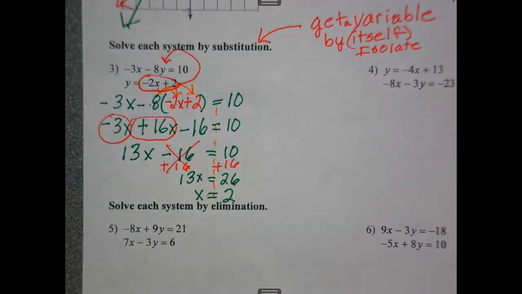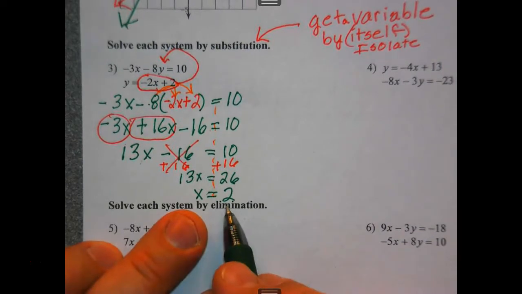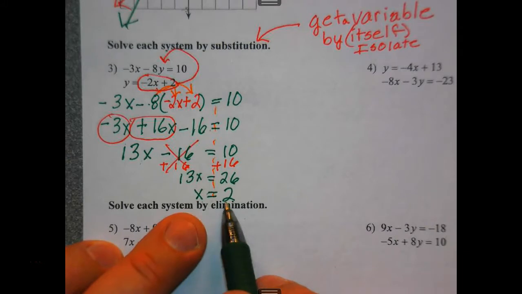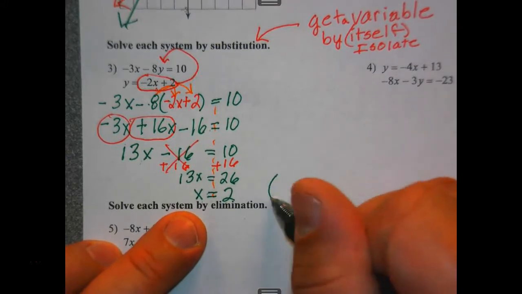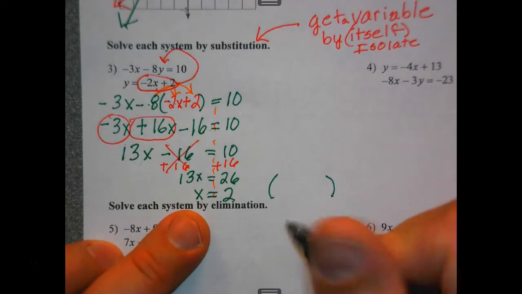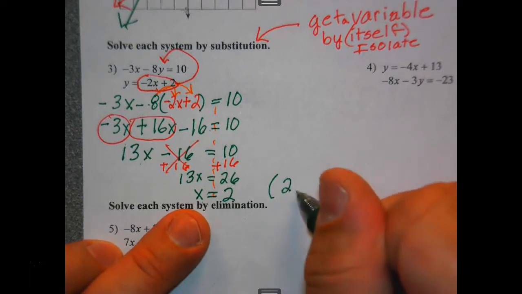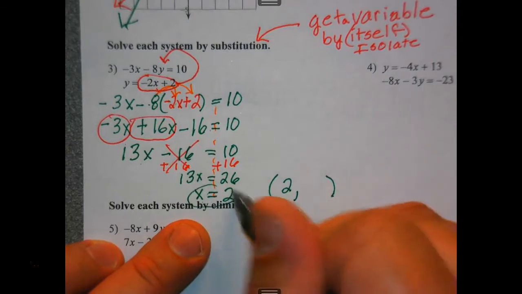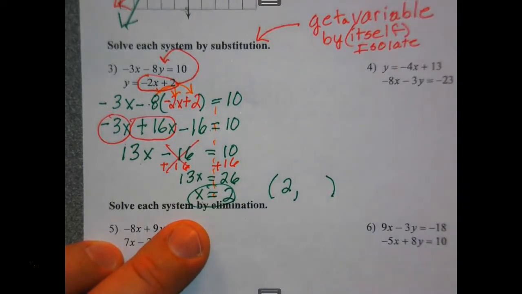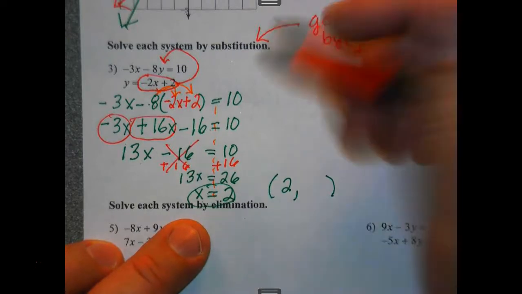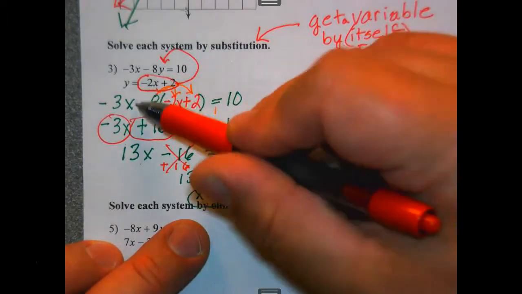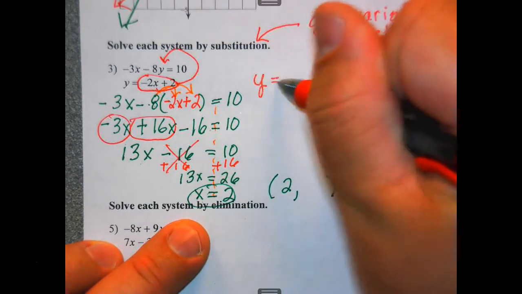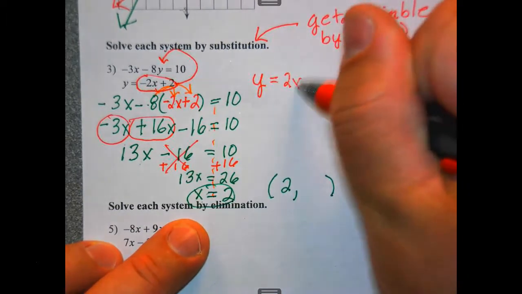Okay. So, because I got x equals a number, that means these lines are going to intersect, at the point where my x is 2. Now, I have to find my y. Pick an equation, one of the original ones. I'm going to pick the bottom one because that looks easier. y equals negative 2x plus 2.